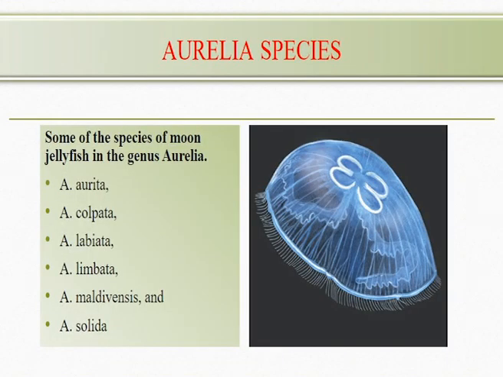There are a number of species of Aurelia, of which some important species of the moon jellyfish are Aurelia aurita, Aurelia coerulea, Aurelia labiata, Aurelia limbata and Aurelia maldivensis. These are some of the important species, while there are quite a number of others.